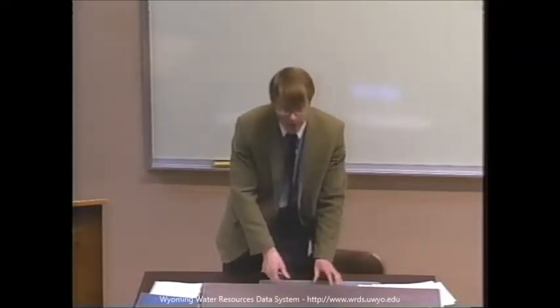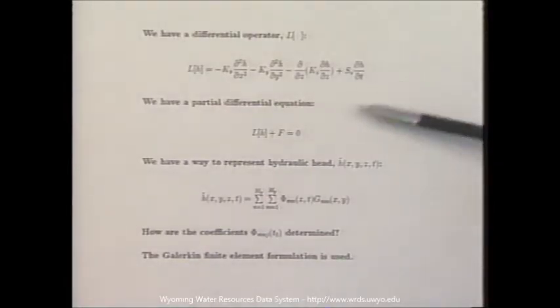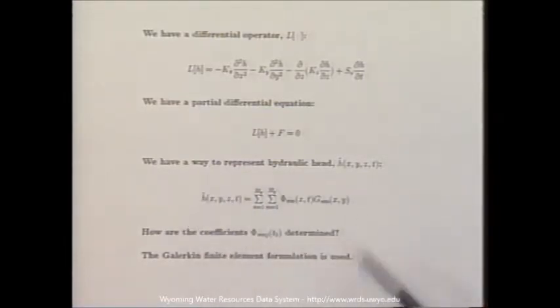So what we have is the differential operator, the partial differential equation, and a method in which to approximate the head. At this time, these phis are unknown. We do not know what those are. This is our basis function.